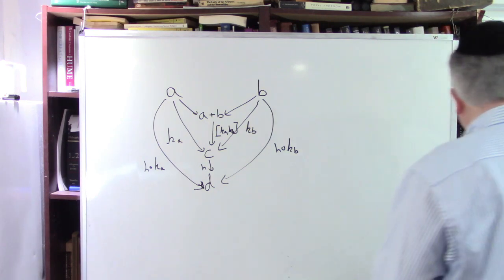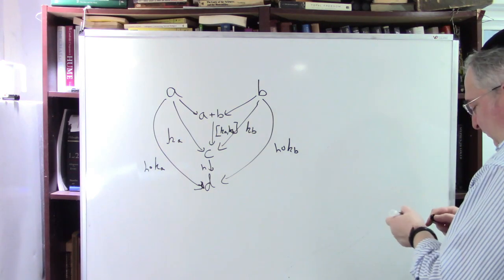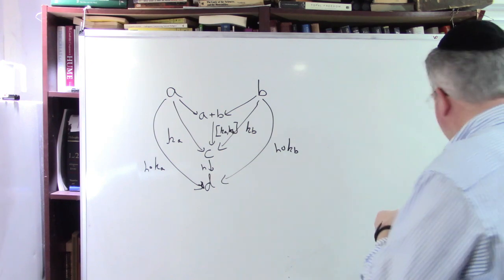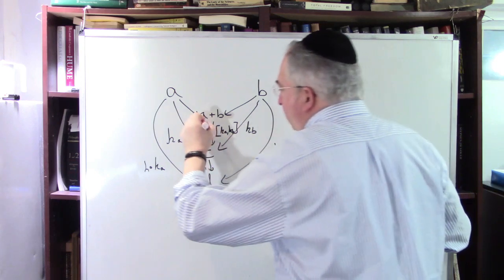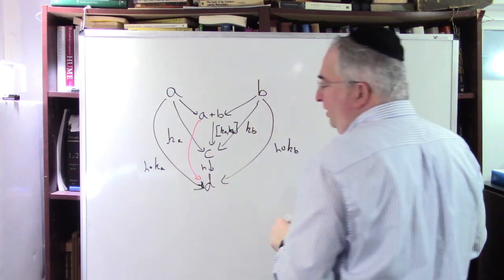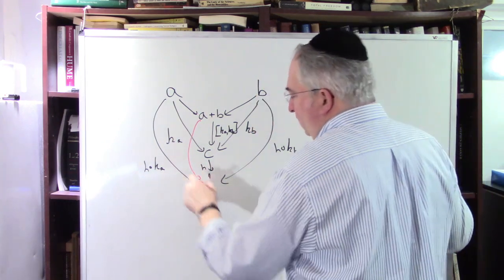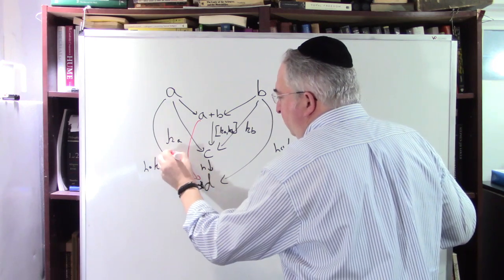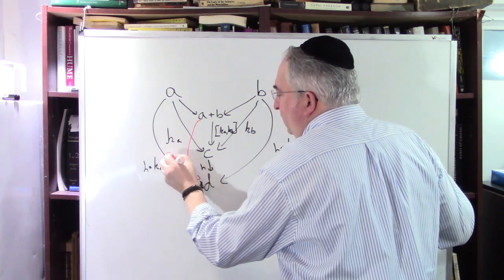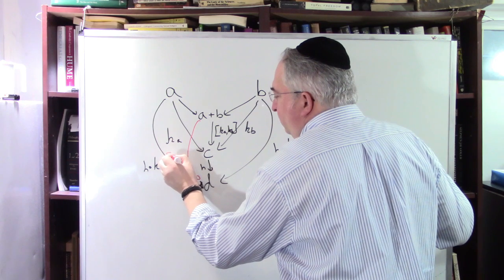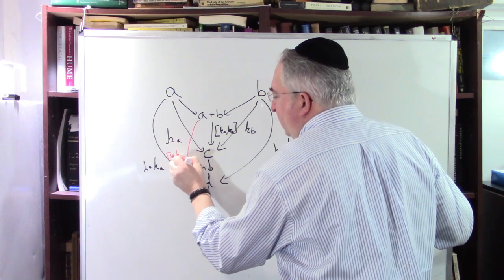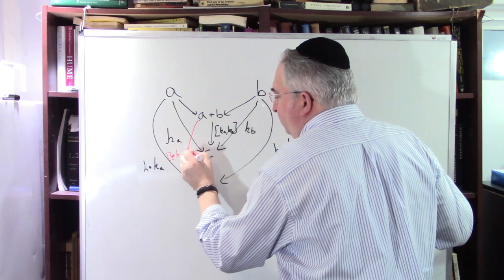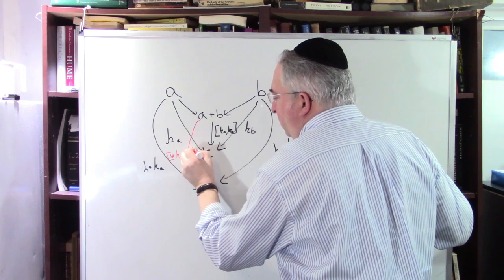And now, well, it's getting messy, but we have to deal with it. And now we have a new map from here to here. Namely, what's that new map? This new map is bracket H composed KA, comma, H composed KB.